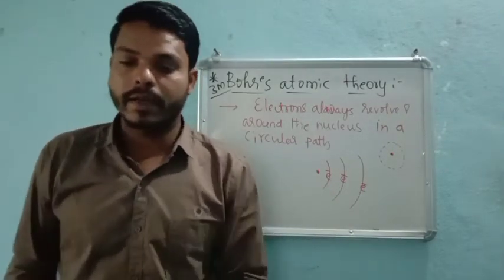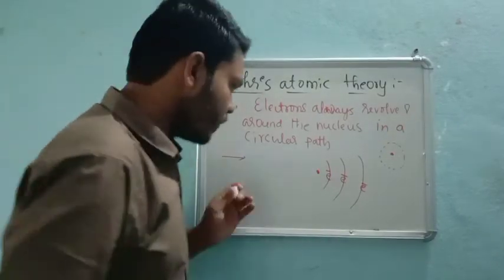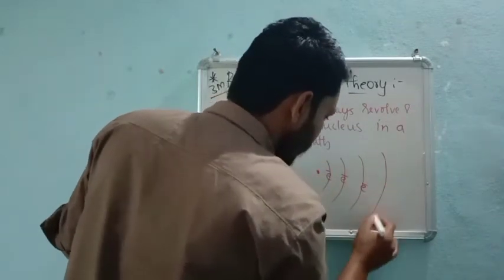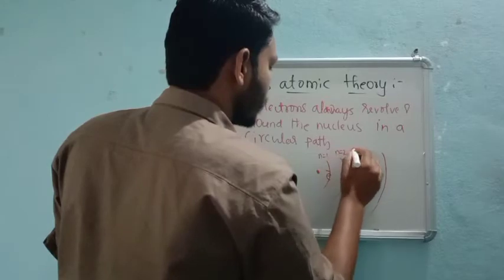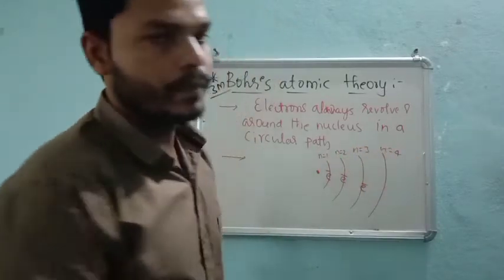And the third point: these energy levels are represented by n is equal to 1, n is equal to 2, n is equal to 3, and n is equal to 4, right?